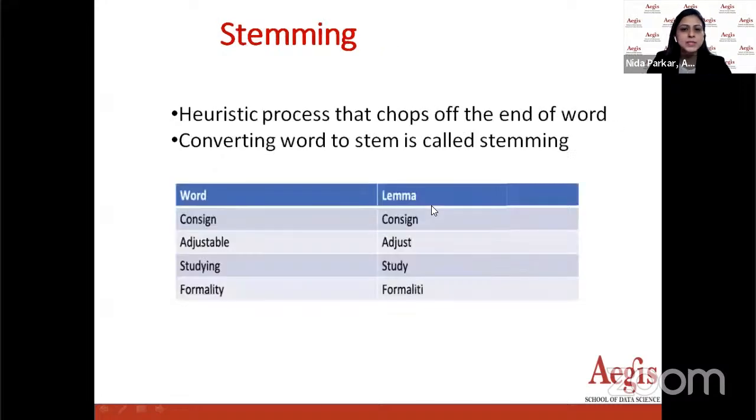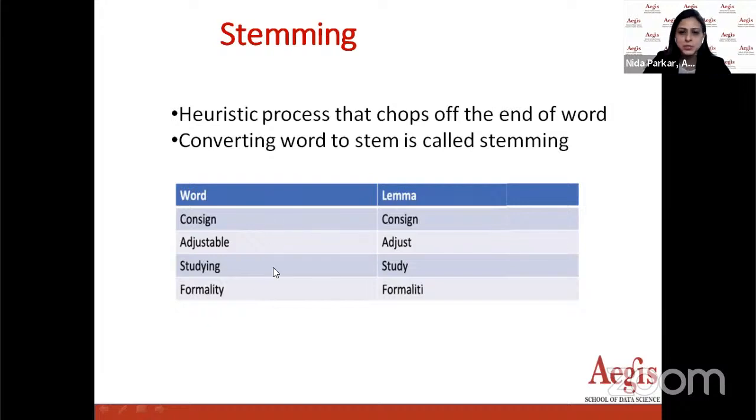All right. Once this is done, we have something called stemming. Stemming is a heuristic process that chops off the end of the word, converting the word to its stem, and that's the reason it is called stemming. There are some examples given here: consign, adjustable, studying, formality.